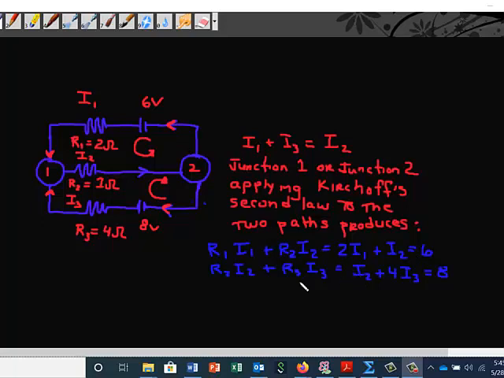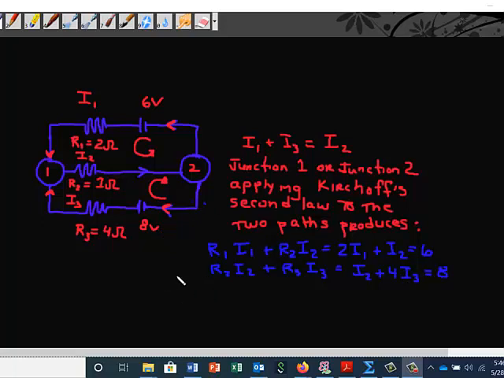This is the 6 volts. And then you have resistors R sub 2 times I sub 2 plus R sub 3 times I sub 3, which will equal I sub 2 plus 4 I sub 3, which will equal the 8 volts.